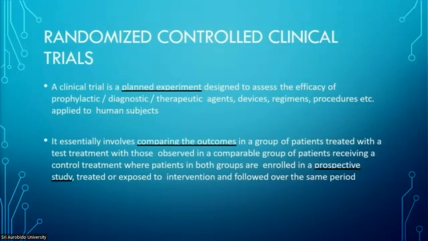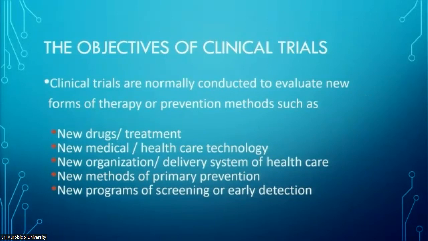It essentially involves comparing the outcome in a group of patients treated with a test treatment with those observed in a comparable group of patients receiving a control treatment, whichever is your standard treatment, where patients in both the groups are enrolled in a prospective study and they are followed over the same period. What are the objectives of these clinical trials?